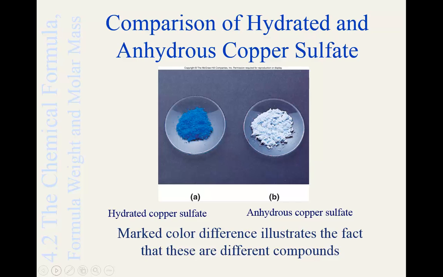Copper sulfate's used to kill algae in ponds. The downside of it is it also kills fish and definitely invertebrates like your snails and things like that. So some people put it in their ponds or lakes to kill algae. Like I said, it's toxic to invertebrates.